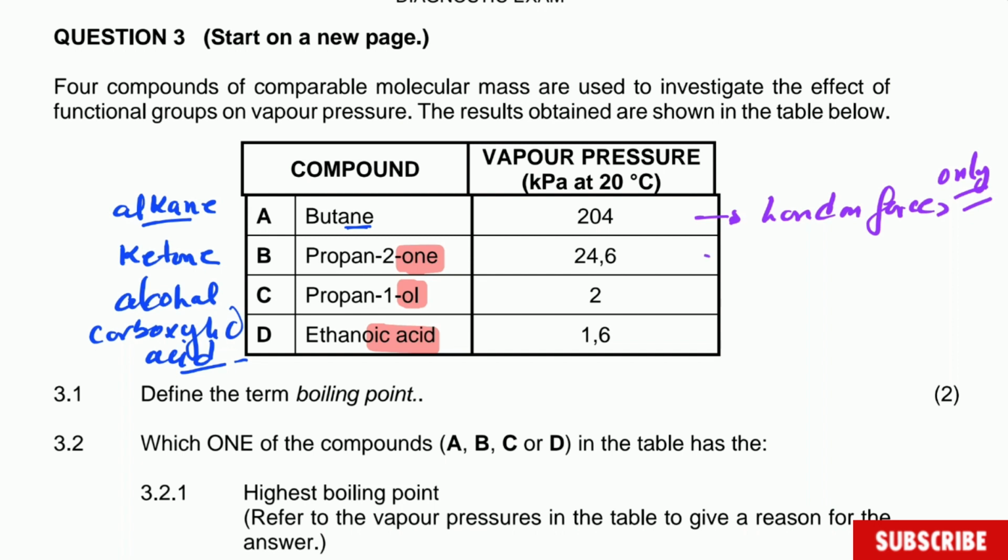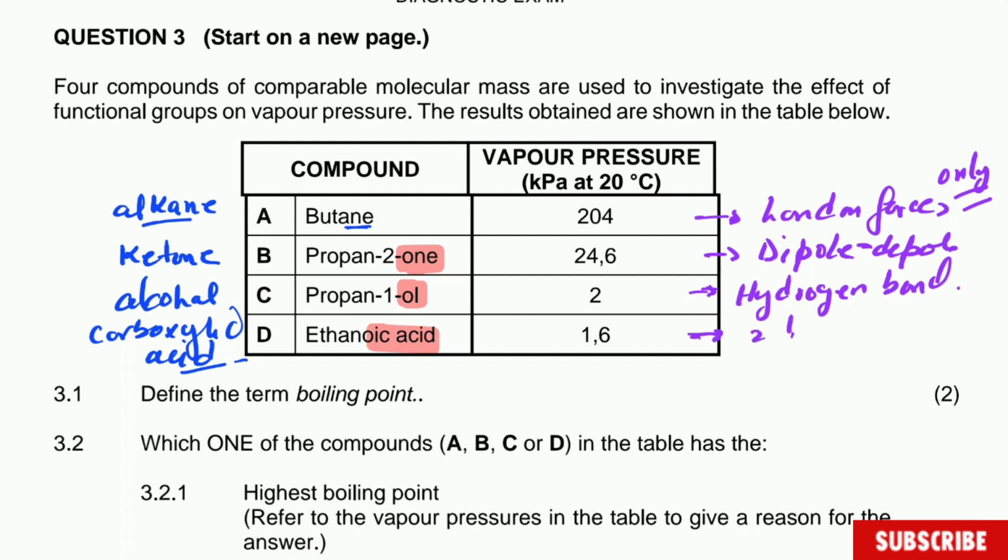Propan-2-one has dipole-dipole, apart from London forces. Propan-1-ol, which is the alcohol, will have hydrogen bond. And then the last one, which is carboxylic acid, will have hydrogen bond but two sides.